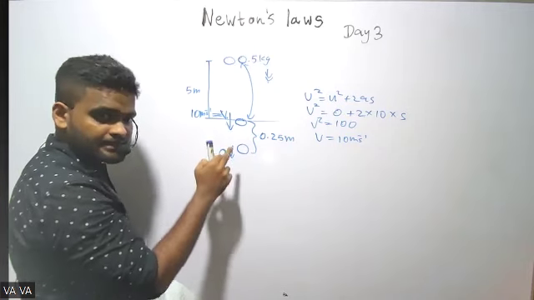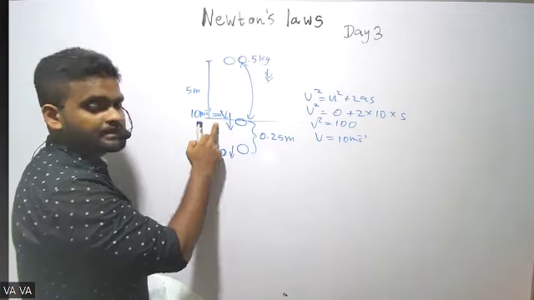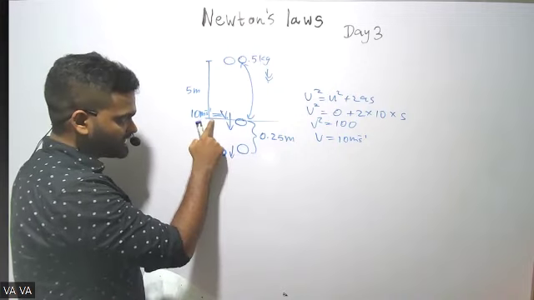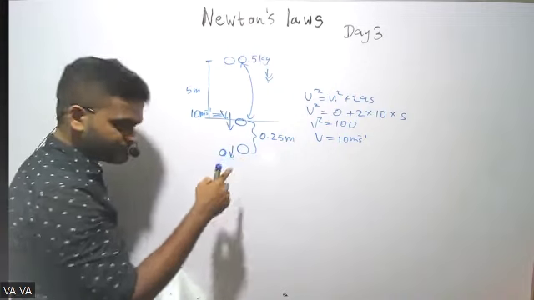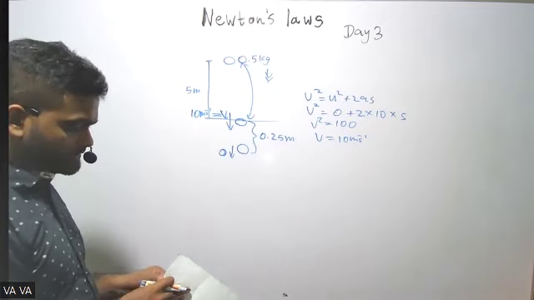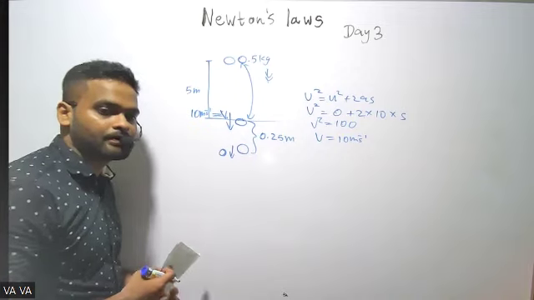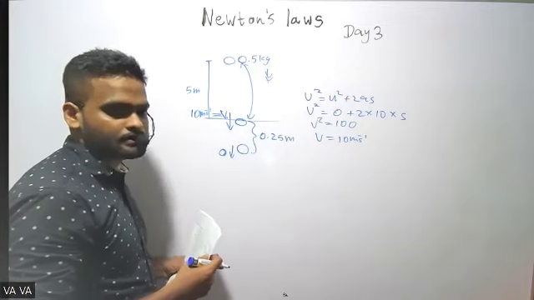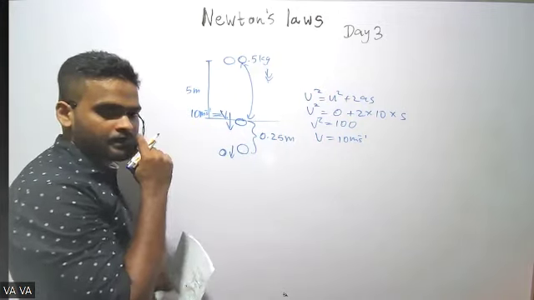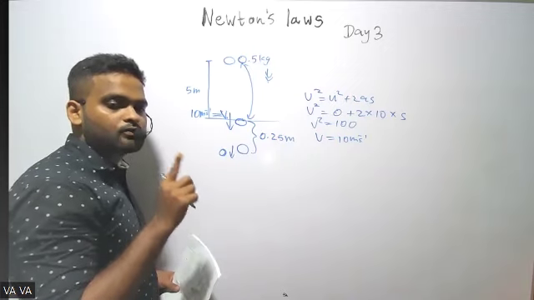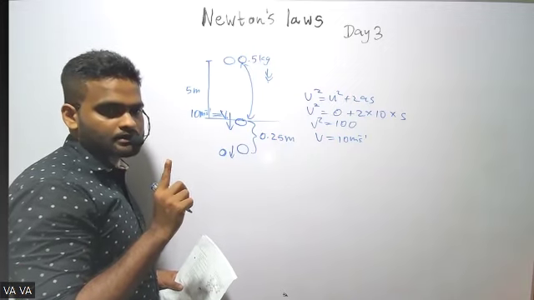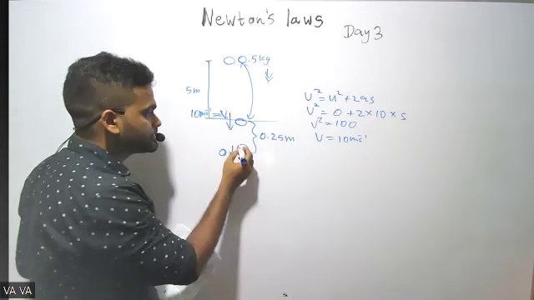Then inside the ground, it decelerates and comes to rest. So what do they ask? A resistive force. Right. So inside the ground, what are the forces acting on the coconut?